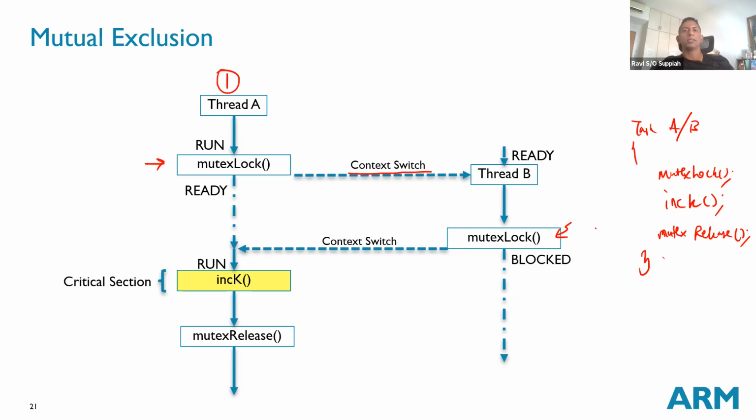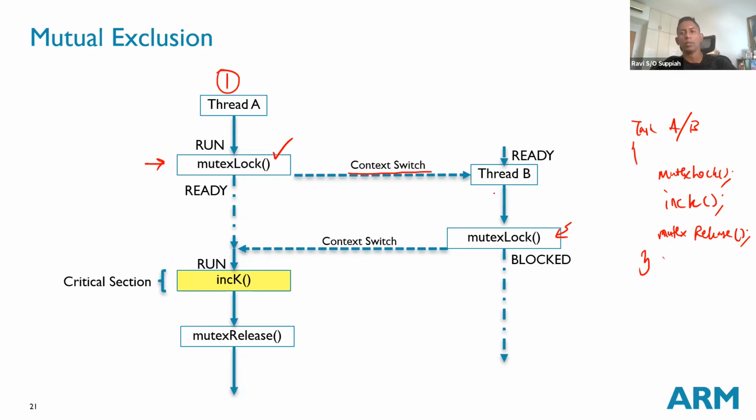The OS will know that task A already locked the mutex. All this is actually managed by the OS. Since task A has already locked the mutex, when another task, in this case task B, tries to do the same thing, it will not allow it to happen. The OS does this management for us.